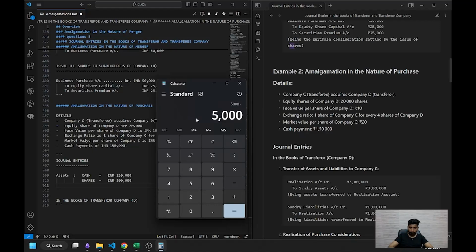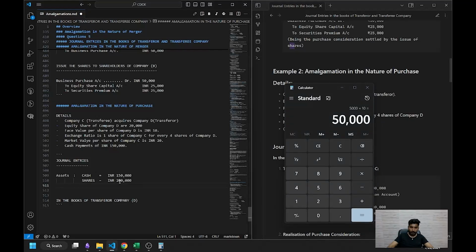Face value is rupees 10. So it will be 5,000 multiplied by 10, which will be equal to 50,000. Okay. So this will also be the cash which we will take. So the net result will be 1,50,000 and the total assets will be rupees 3 lakhs.